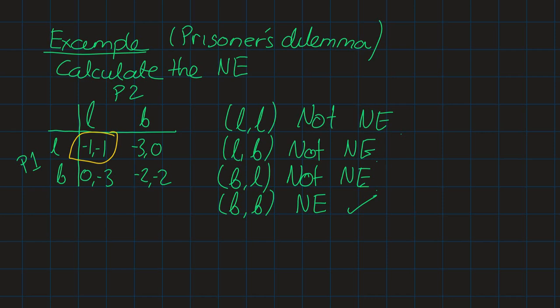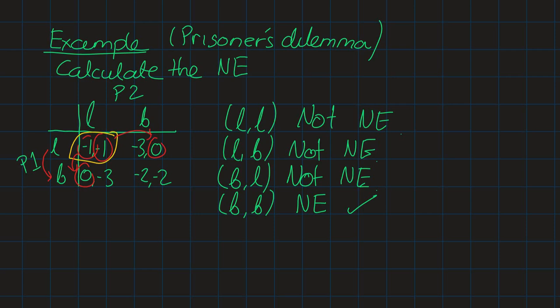The trouble with LL is it's a situation where both players can look at it and try to exploit the situation. If player 1 is considering being in LL, they think, well, if I change to B, my payoff goes from -1 to 0, which is an improvement. And player 2 actually thinks the same thing.